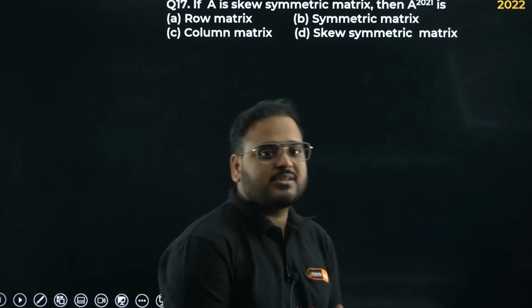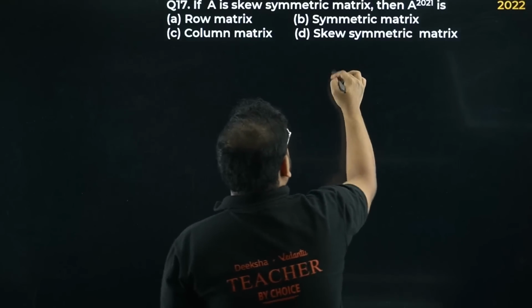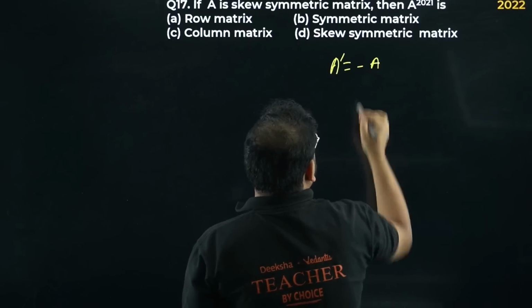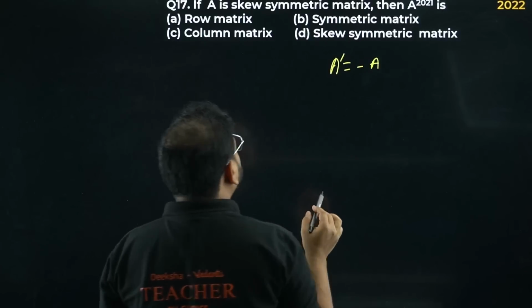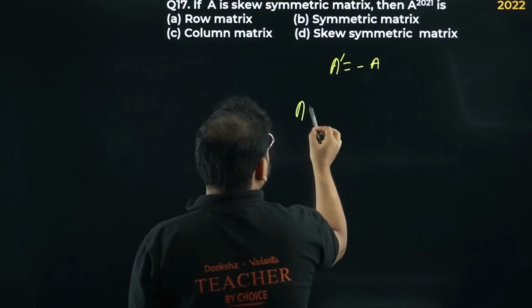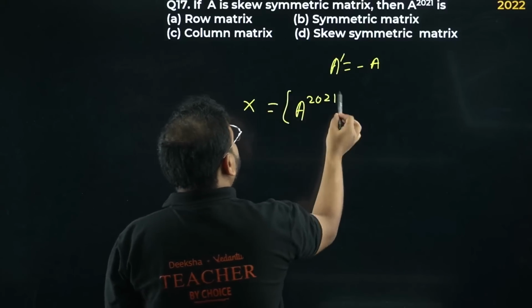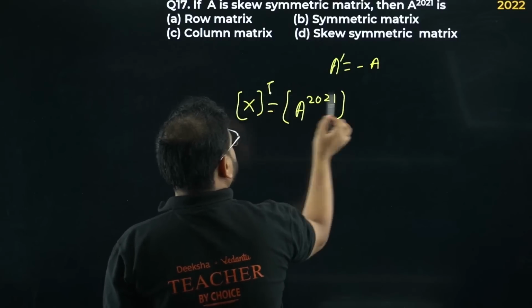Question number 17 now. Let's solve this. We have A to the power 2021. A is a skew symmetric matrix. A dash is minus A. We are asking for the nature of this. Whatever is given, let's call this matrix X, and take the transpose.